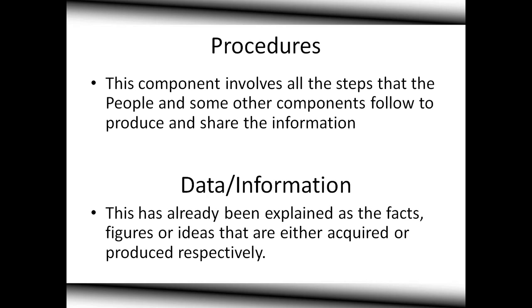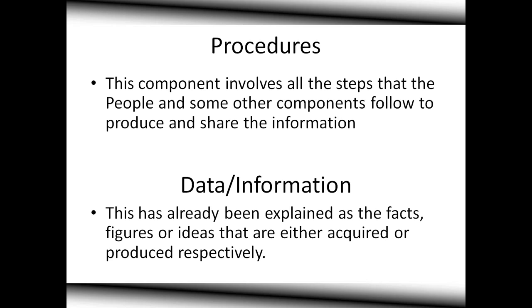Then let's come to data and information. We have already looked at data and information in our previous session. But data and information, as explained, are the facts and figures, ideas that are either acquired or produced from the angle of data and then from the angle of information.